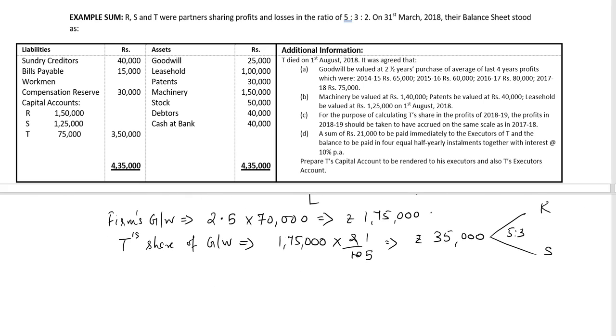So for R's capital, we need to take 35,000 rupees multiplied by 5 divided by 8. So it's 4,375 multiplied by 5.